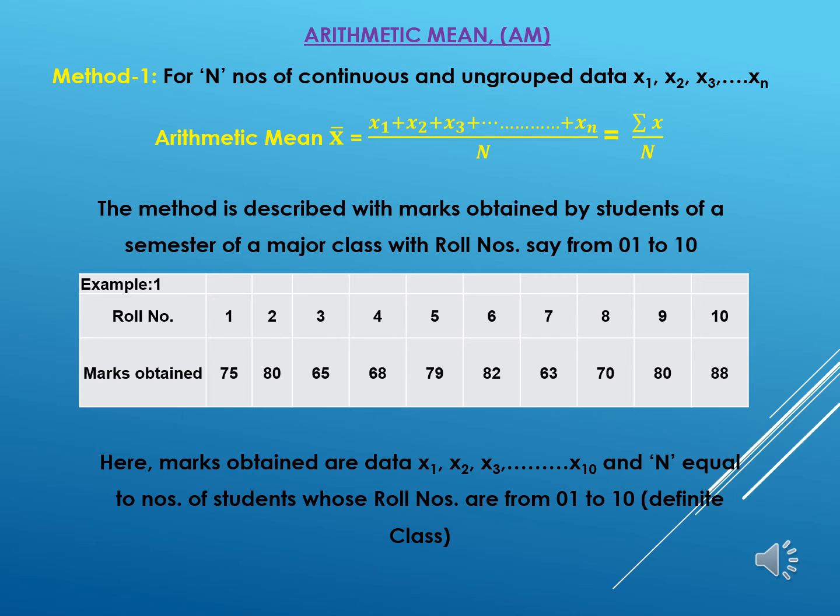So we will use the first method, which is x bar equal to x1 plus x2 plus x3 plus ... xn divided by the number of data. Here data x1 is 75, x2 is 80, x3 is 65, x4 is 68, x5 is 79, similarly x10 is 88.